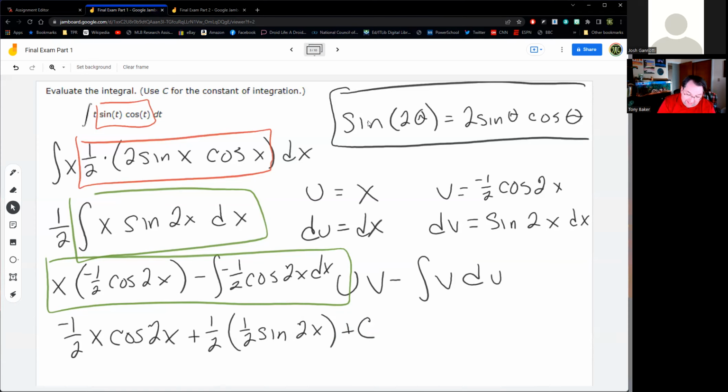So now if I take that and multiply it all by the 1/2 that I originally had in front, I get negative 1/4 x cosine 2x plus 1/8 sine 2x plus 3. And that's my final answer.